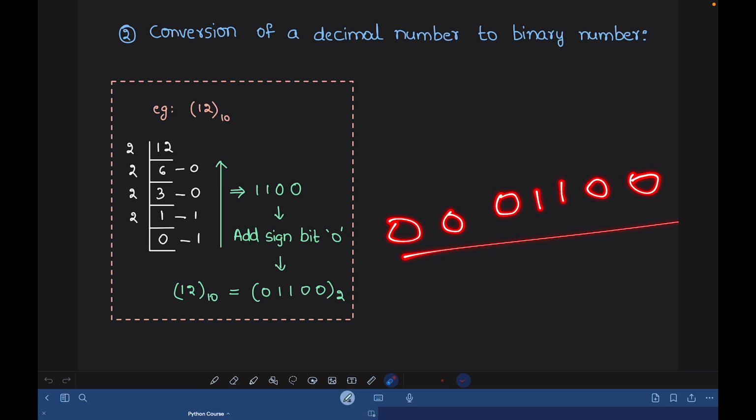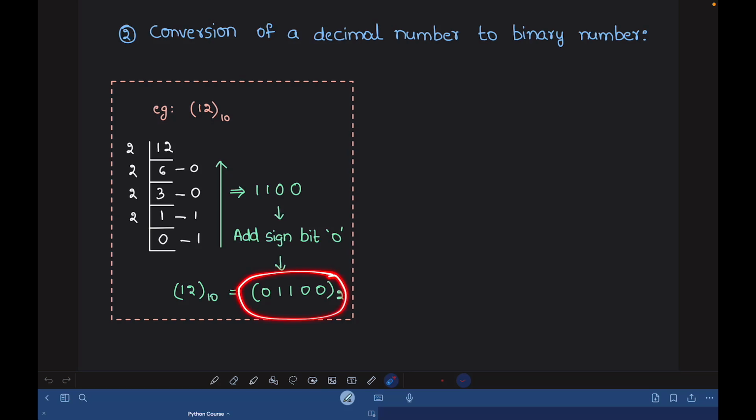So integer 12 can be represented by 01100, or by 0001100, and it can even be represented with more bits by adding more zeros on the left, right? But what we get here by doing this division by 2 method is the minimum number of bits we need to represent integer 12 in 2's complement binary representation.